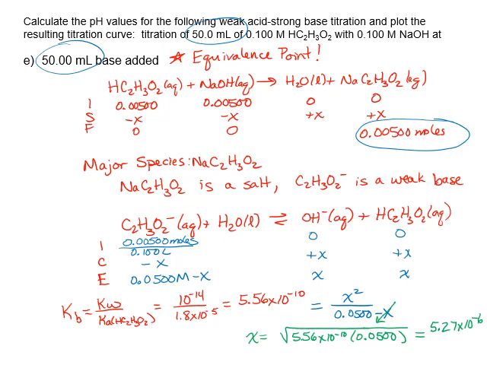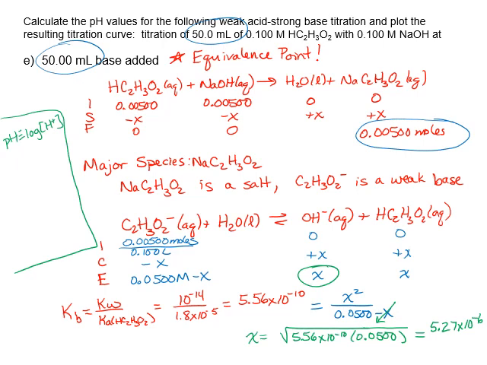What does this value represent? Remember that x was our concentration of the hydroxide ion. I'm going to create myself a little space over here. We want to calculate the pH, which is minus log of the concentration of H+.